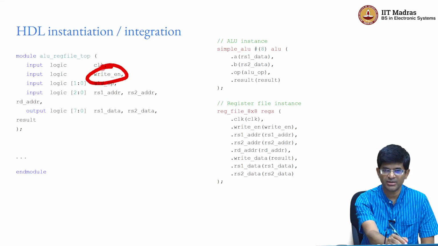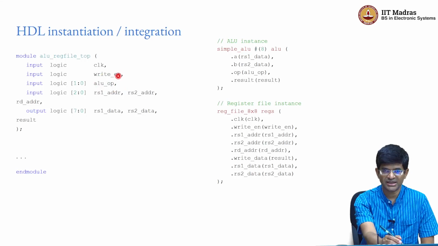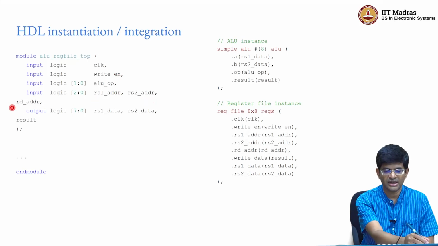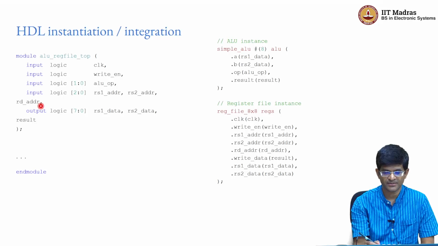It also takes a write enable as input, which allows us to control when we are updating the registers. It takes the ALU op as input, and where is this ALU op coming from? That's something that we'll need to think about and solve. That problem has to be solved. It also assumes that RS1, RS2 and RD addresses are all given as inputs.